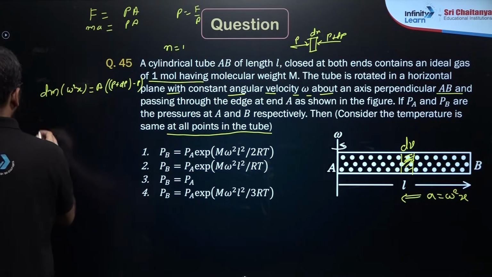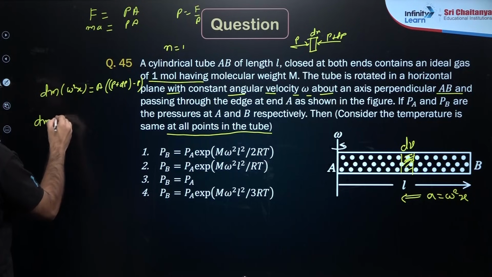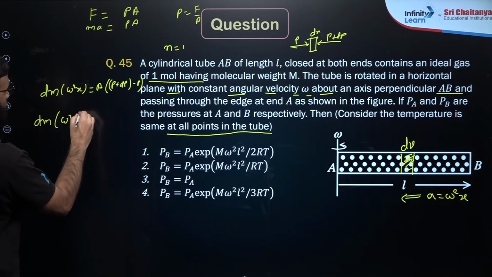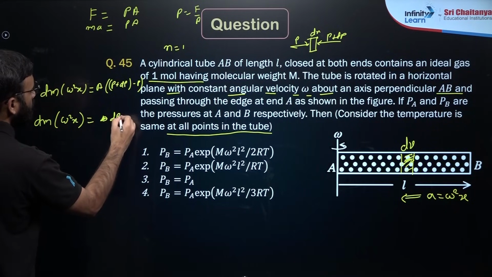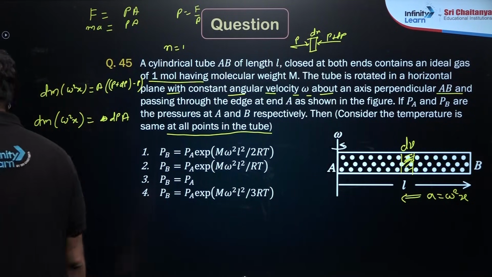P and P cancel out, leaving dP into A, the area of this element, beta, nothing else.